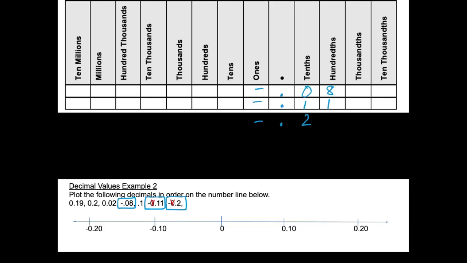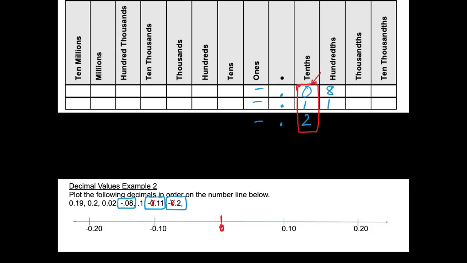We can approach this kind of like alphabetizing, where we look at one digit at a time, starting to the right of the decimal. Let's figure out which one is closest to 0. We've got 0 here on the number line, which is right in the middle. Ignoring the negative sign, which one is smallest?